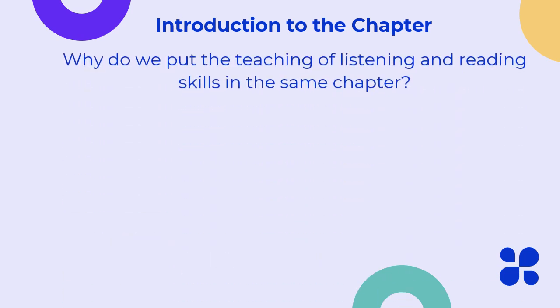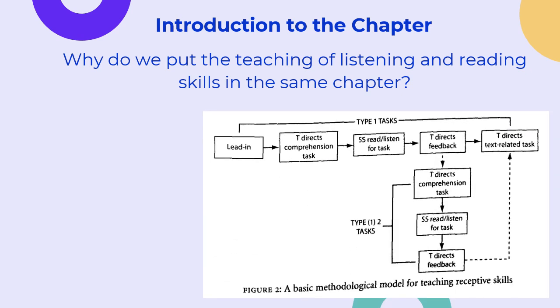You may be wondering why we put listening and reading skills together in one chapter instead of separating the two into two chapters. The reason is that the teaching and learning of reading and listening have the same basic methodological techniques, which, if you remember, we looked at in the previous chapter.